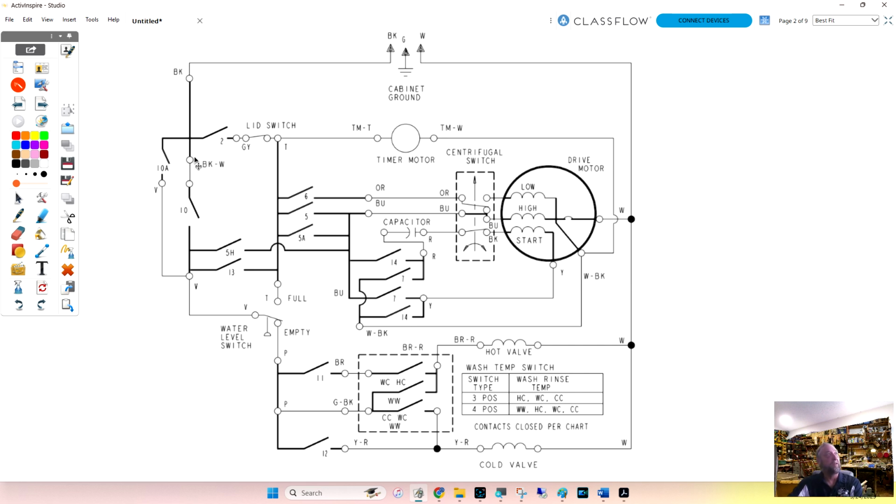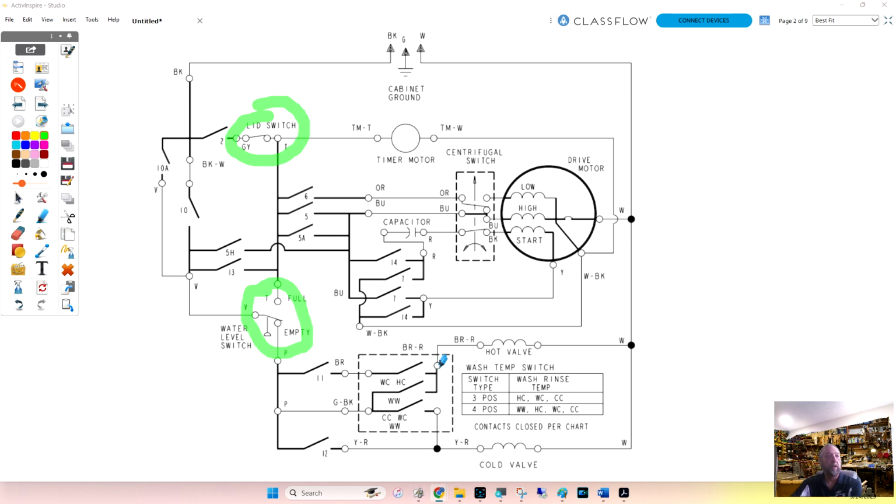So these switches that have numbers on them, all of those switches are going to be found inside of the timer. Usually they are drawn bolder and heavier than, let's say, your lid switch up here, which I'll highlight for you, and your water level switch.